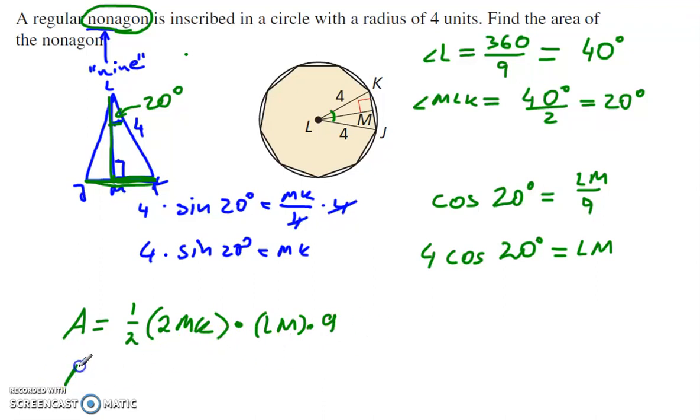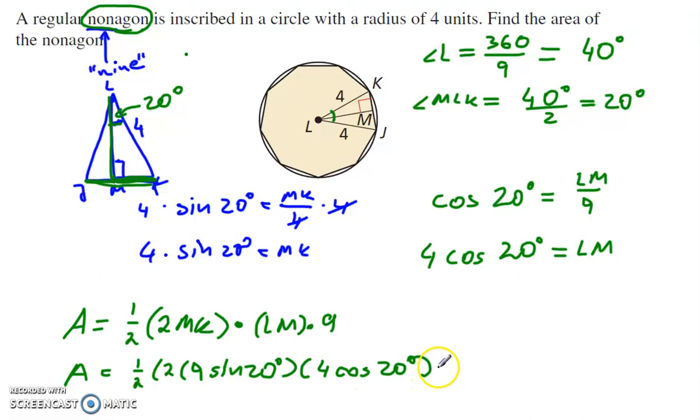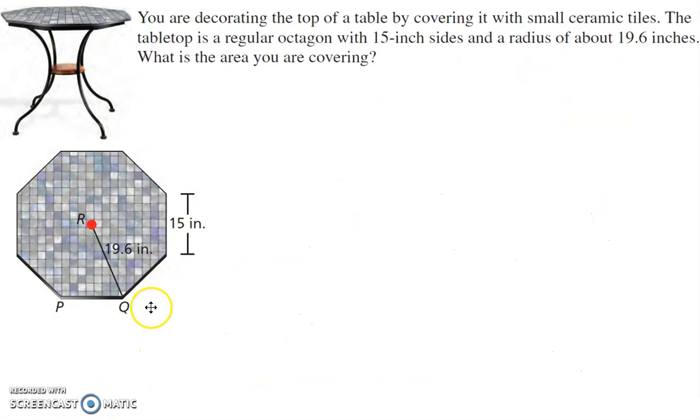So 1/2 times 2, and then MK is 4 sine 20 times 4 cosine 20 times 9. We can type all that in, and that gives us approximately 46.3 units squared.